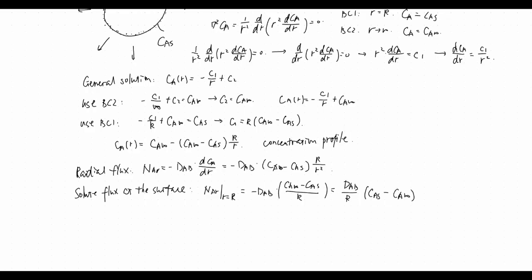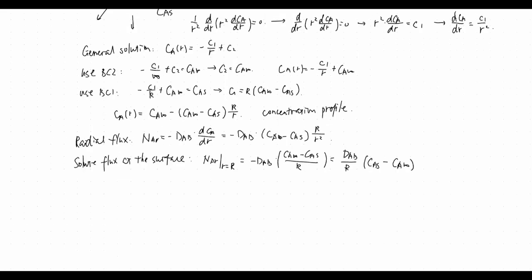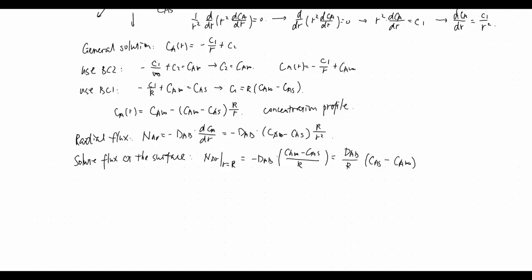Okay, now let's see what it means. If CAS is larger than CA infinite, that would usually be the case, because if you have a pill or sugar you dissolve in water, then the concentration of the sugar on the spherical candy would be higher than the concentration in the water.